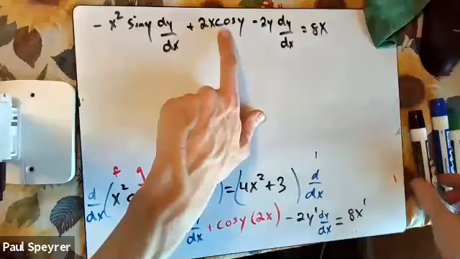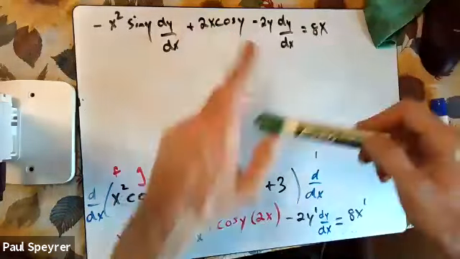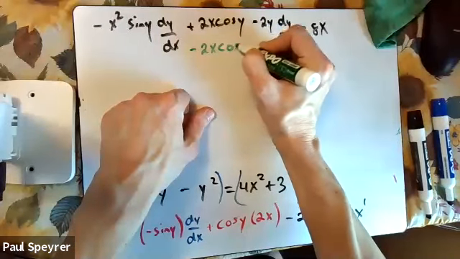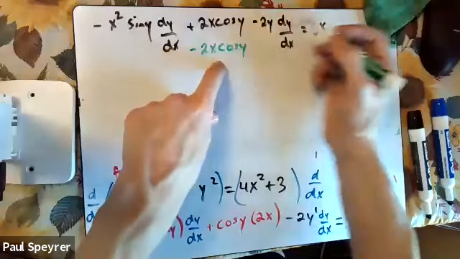So we got to move this guy over, right? Because he doesn't have a dy dx. How do we do that? We subtract that entire chunk. Right? If it's plus 2x, it's minus, right, of that stuff.